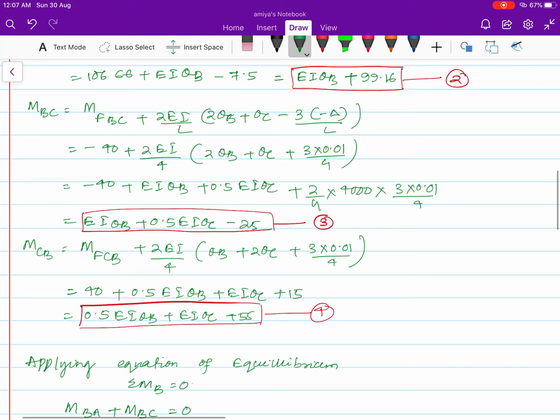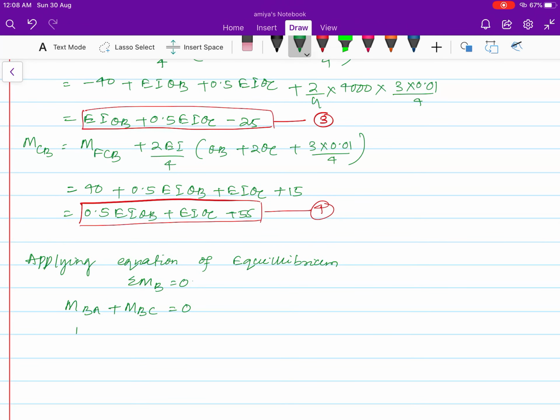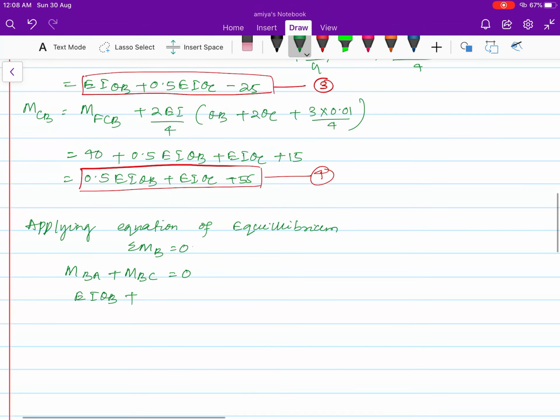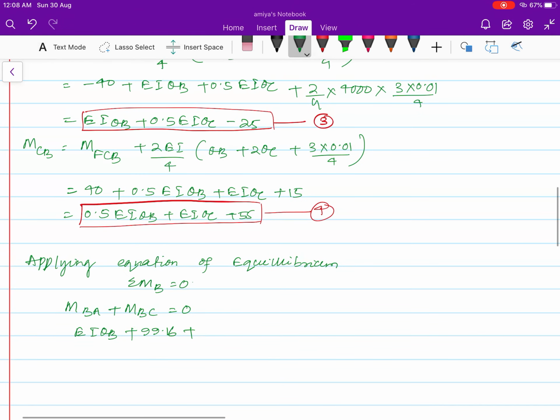EI theta B plus 99.16 plus MBC is equation 3. EI theta B plus 0.5 EI theta C minus 25 is equal to 0.